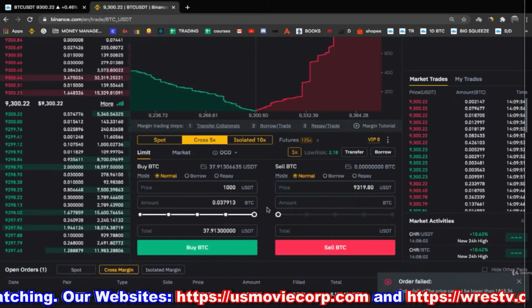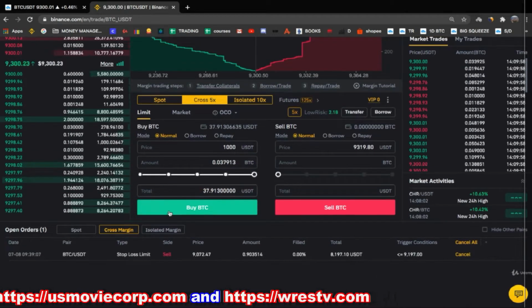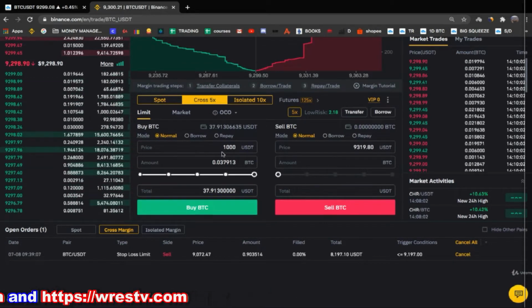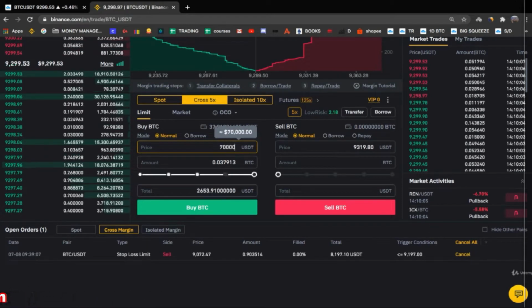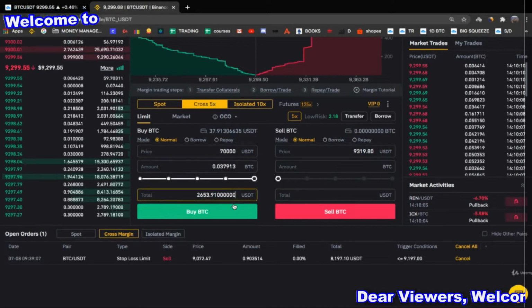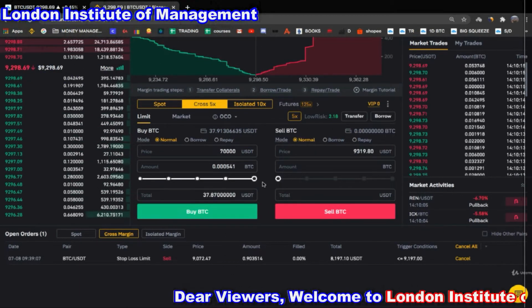Now we will set this limit order. What it does, it says the price cannot be lower. Okay, let's say 7,000 here, and we want to buy for the amount that we have.